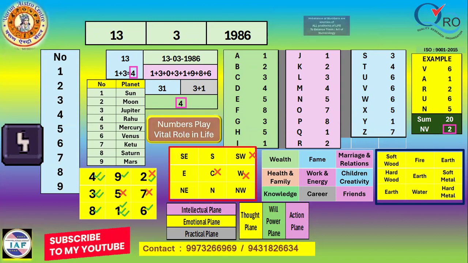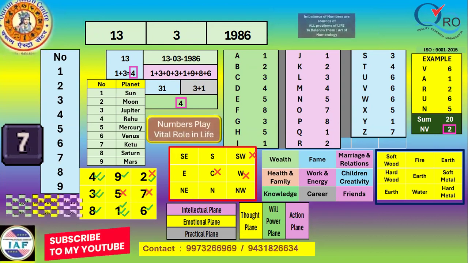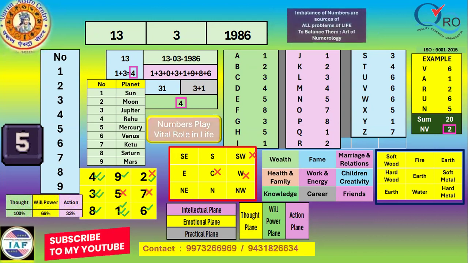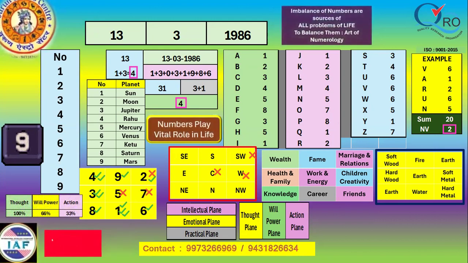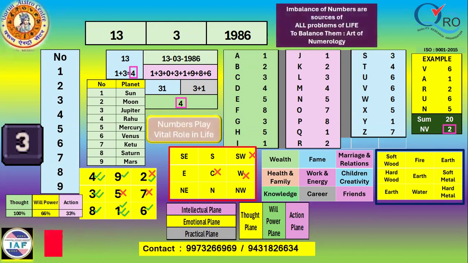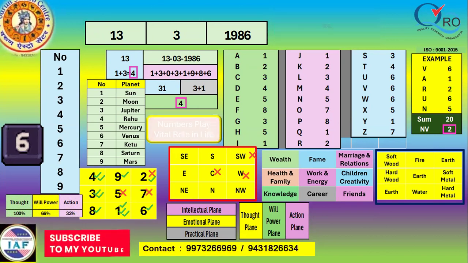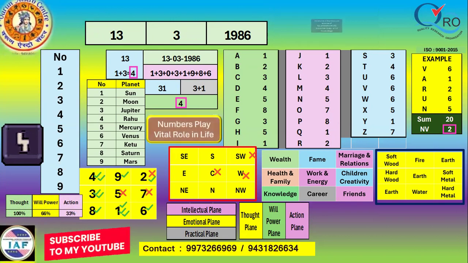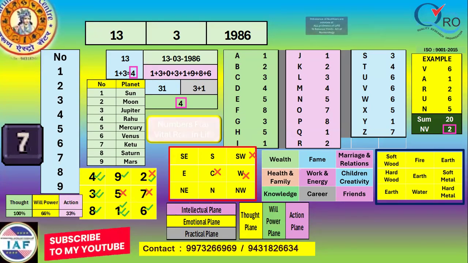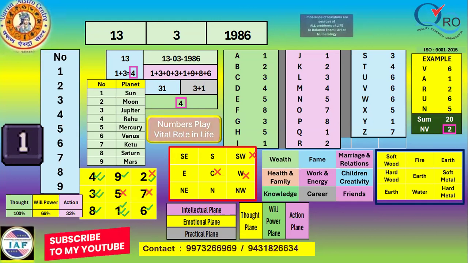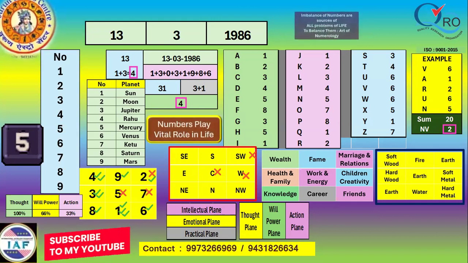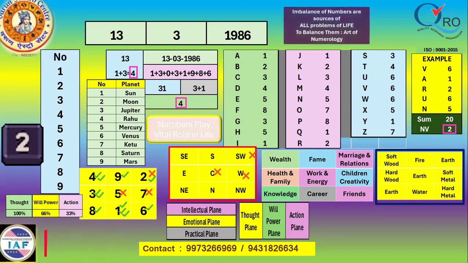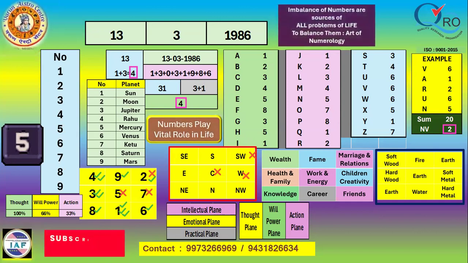So here, for the native, the thought plane is 100%, willpower is 66%, and the action plane is 33%. If the native arranges number 5, the center number, the emotional plane will increase to 66% and the willpower plane to 100%.